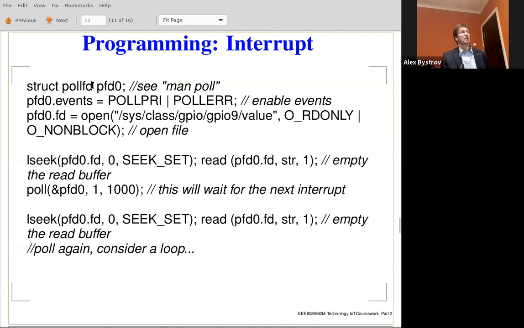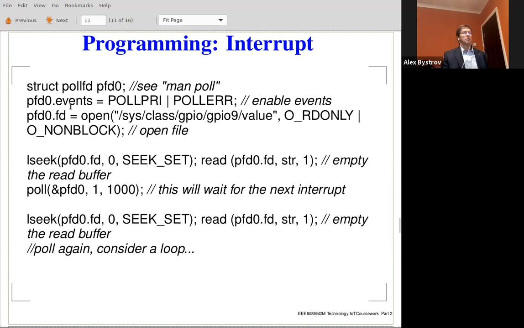Right? The type is declared inside the library, which is poll, and then you will put something into the structure. And how to know what to put there? You have to read the manual. I did this reading for you, so I'm providing an example and it will start working if you go by example. But it makes sense to read this as well.